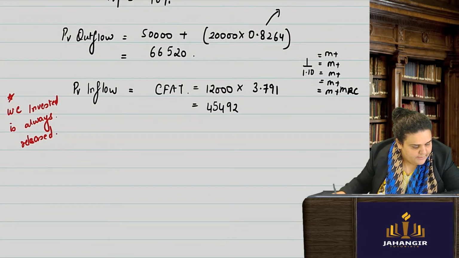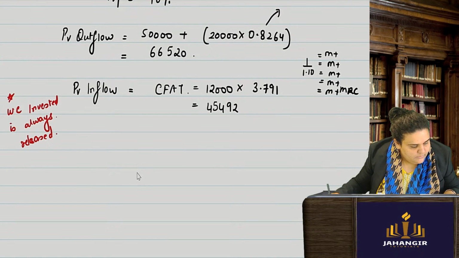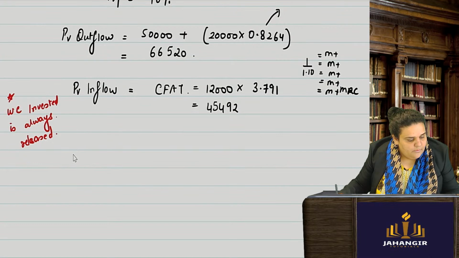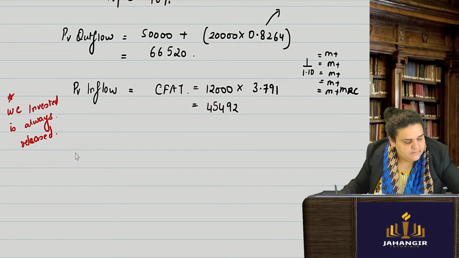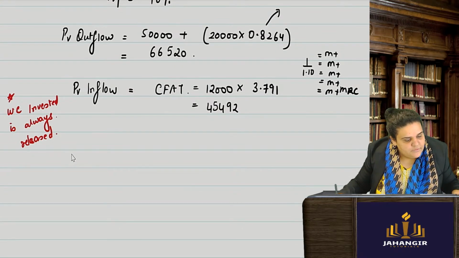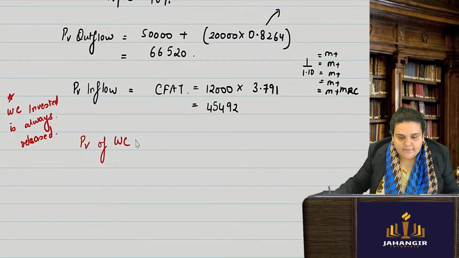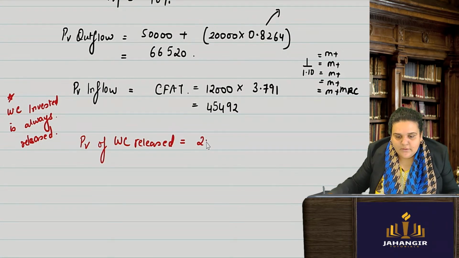So my working capital will come at the end of the 5th year. Yes. My working capital release will be the present value of the working capital released. I had invested 20,000.